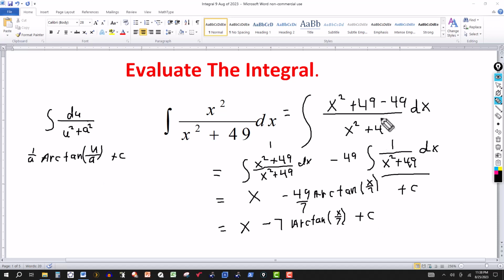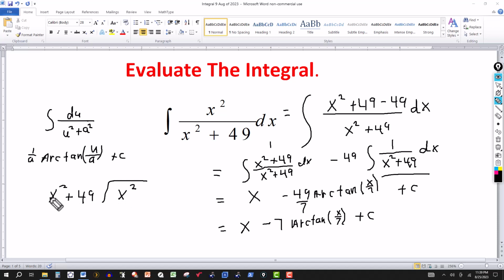Now, instead of doing this procedure, which comes out pretty nicely, we could just do a long division. We started off with x squared over x squared plus 49. So let's divide the numerator by the denominator, x squared plus 49, using long division.